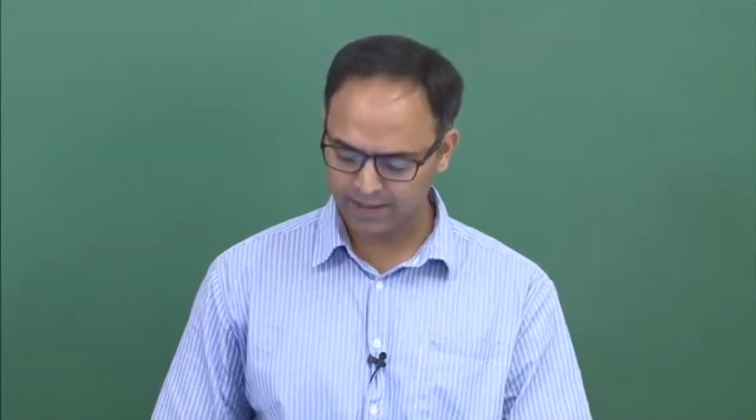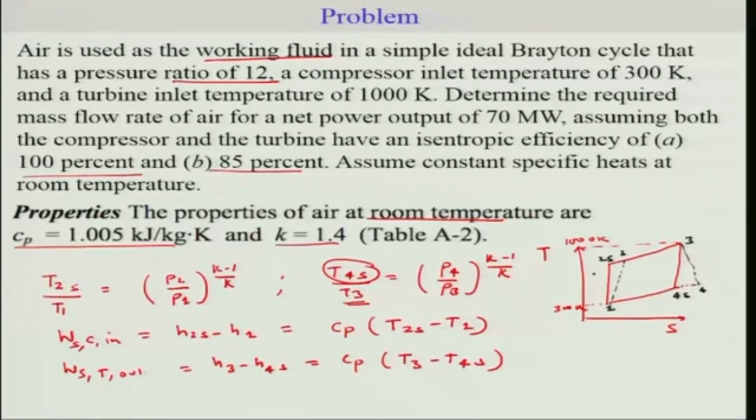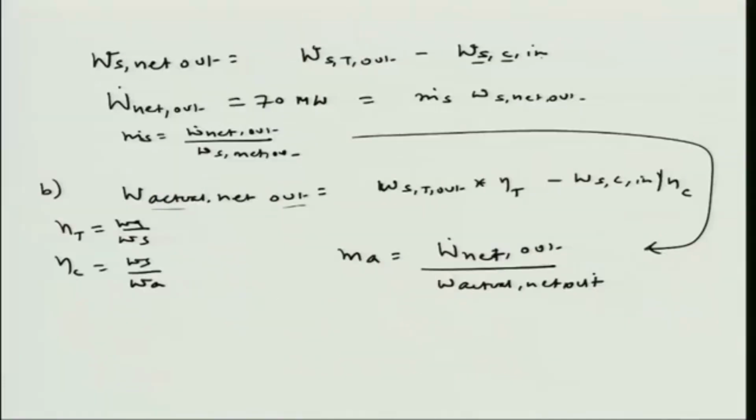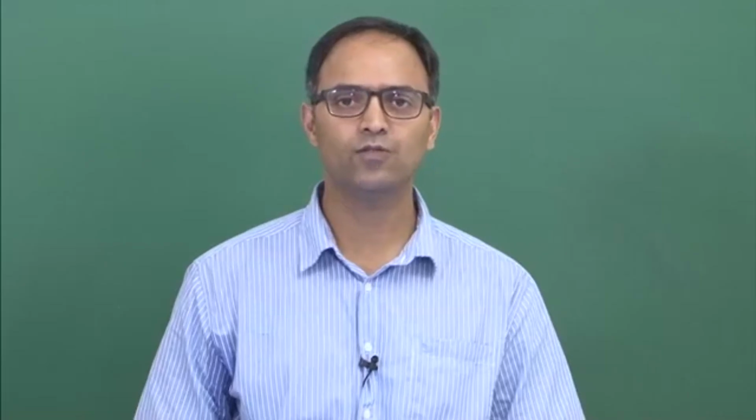Okay, this is a simple ideal Brayton cycle, and of course we have made use of the isentropic efficiency in order to analyze the problem. Now we are going to consider the Brayton cycle with regeneration. This is mainly to increase the efficiency of gas turbine engines, and we'll take a look at the specific conditions.